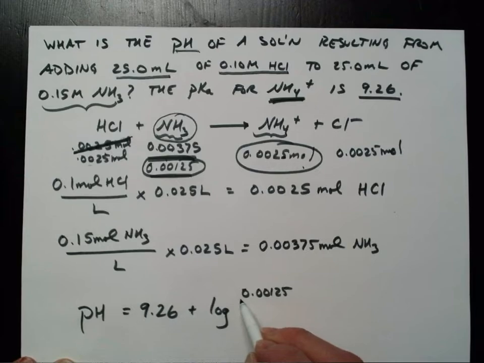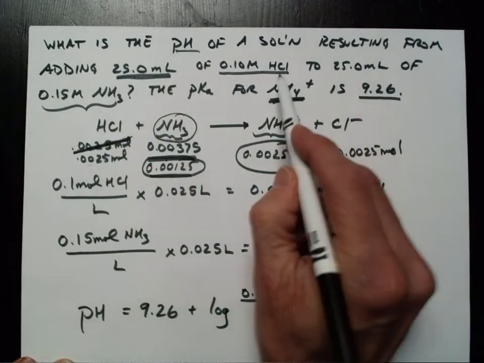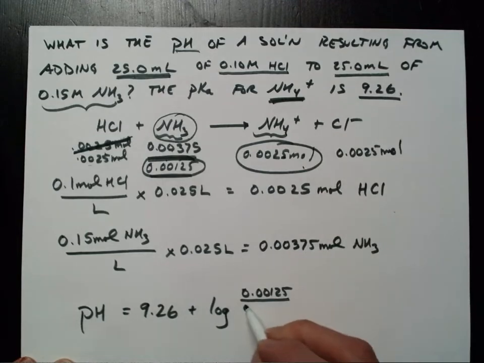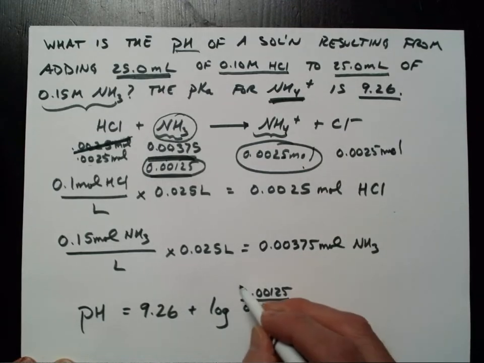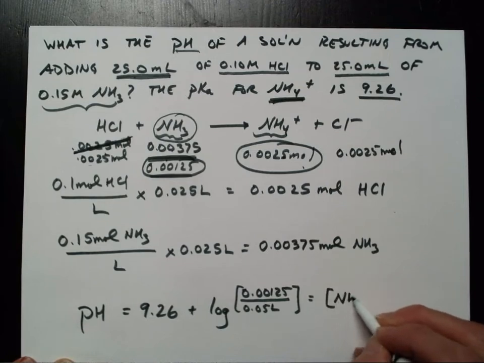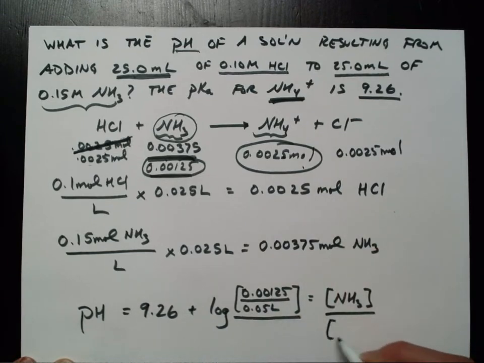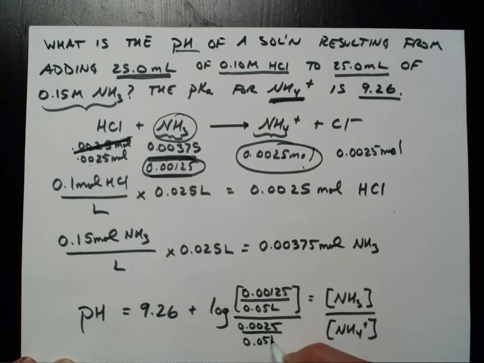It should be its concentration, so let's divide that by a total of 25 and 25, so that's 0.05 liters. So that's the concentration of ammonia. And we'll divide that by the concentration of ammonium, which will be 0.0025 divided by also 0.05.